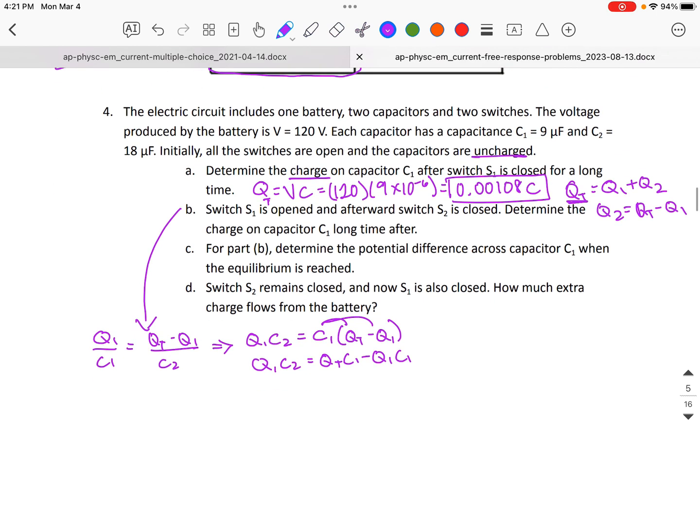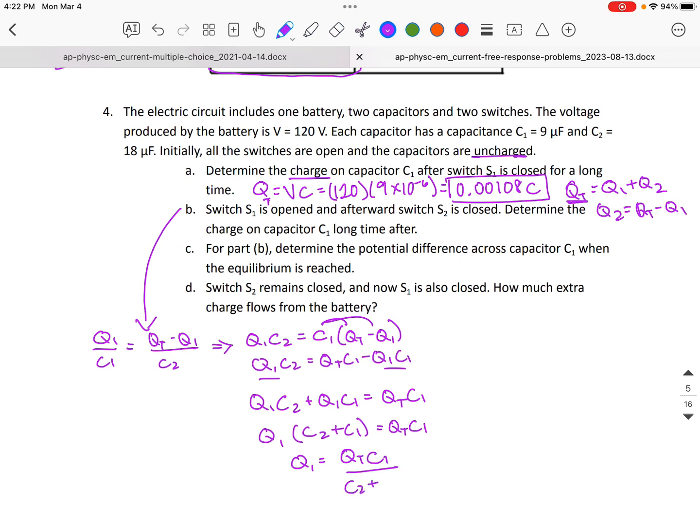And then I want to bring my Q1 to the other side, and then pull out my Q1. So Q1 is equal to Q total times C1 divided by C2 plus C1.